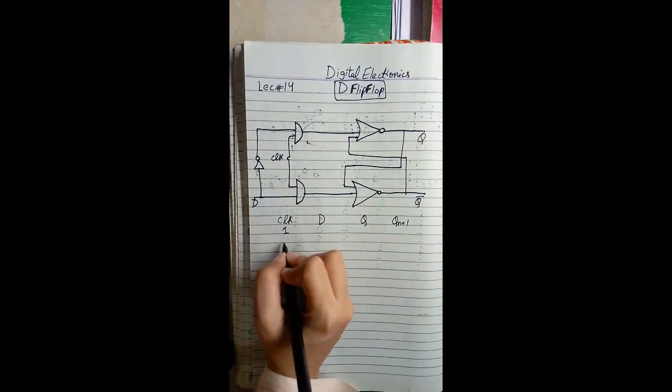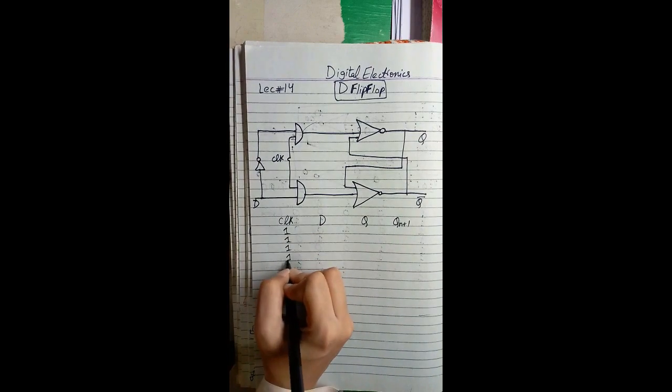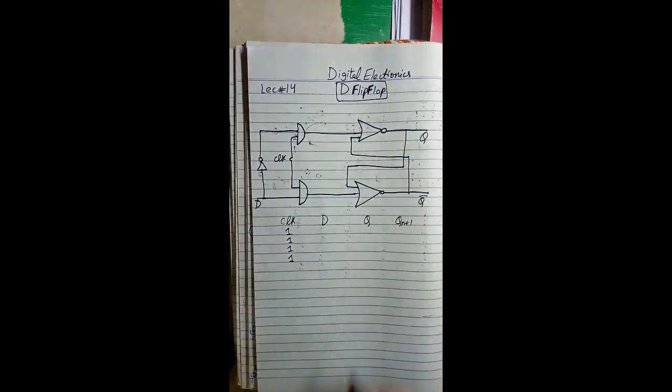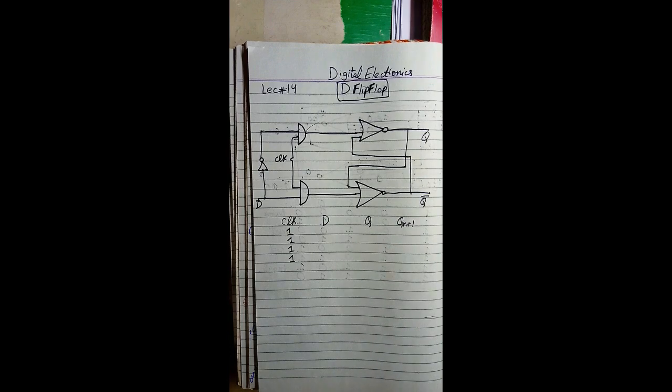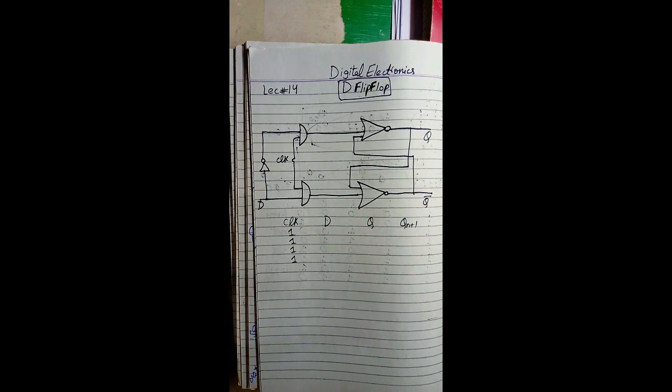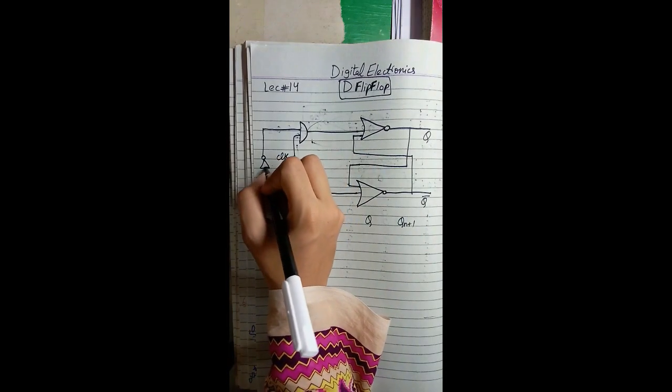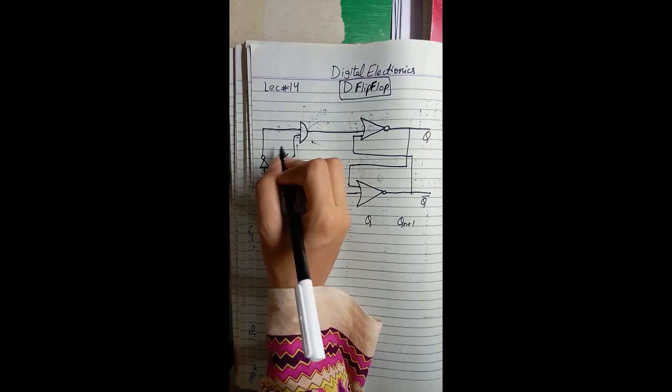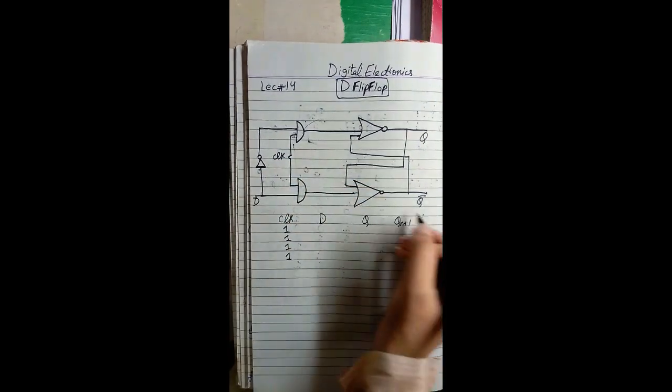Our clock will always be 1. The AND gate does the multiplication, the NOR gate will give us the value 0 whenever we have any input of 1, and the NOT gate will convert the value to its opposite. If we have 1, it will be 0, and if we have 0, it will be 1.